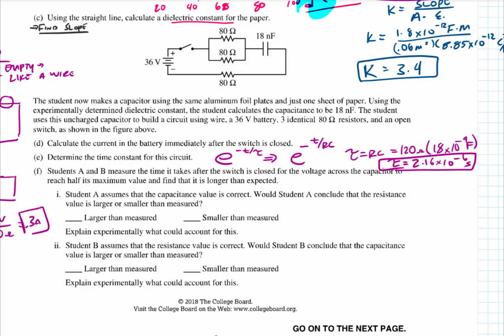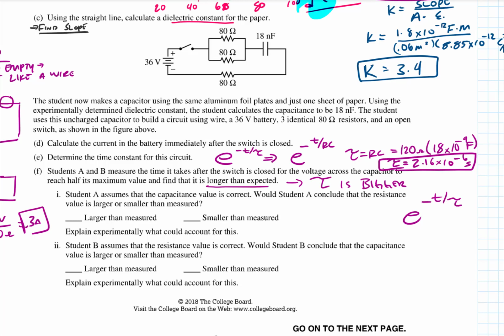So if it's taking longer, what that means is tau is bigger than expected. Looking at the time constant, e to the negative t over tau, the bigger tau is, the slower that thing approaches 0.